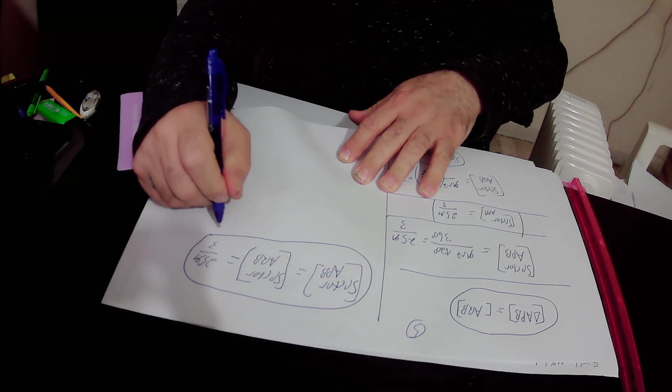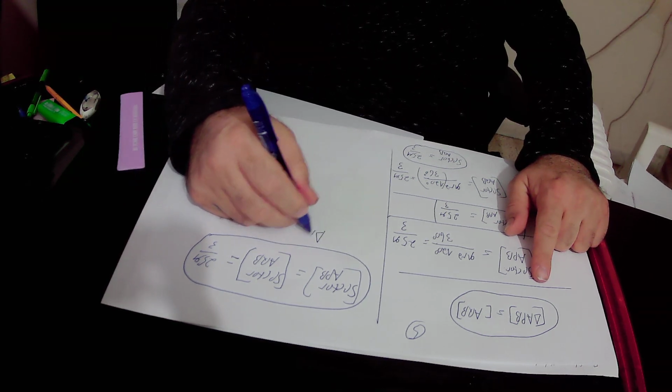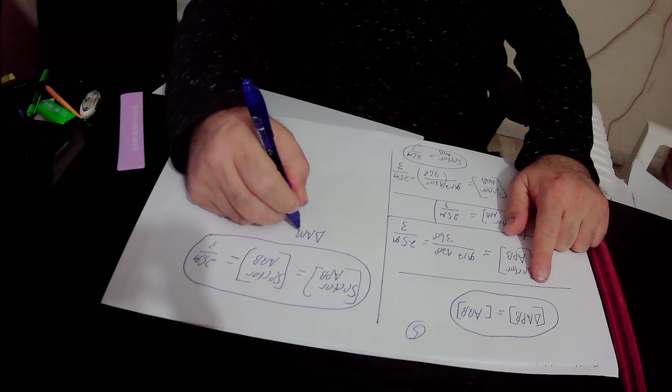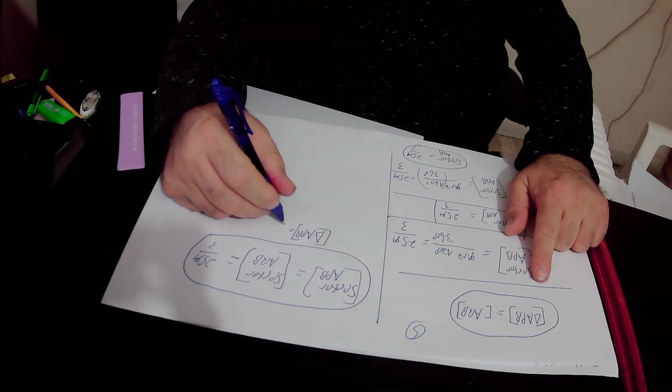And we also found out that the area of triangle APB is equal to the area of triangle AQB.